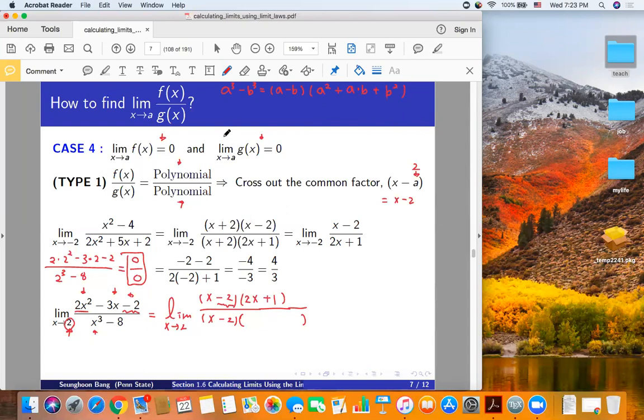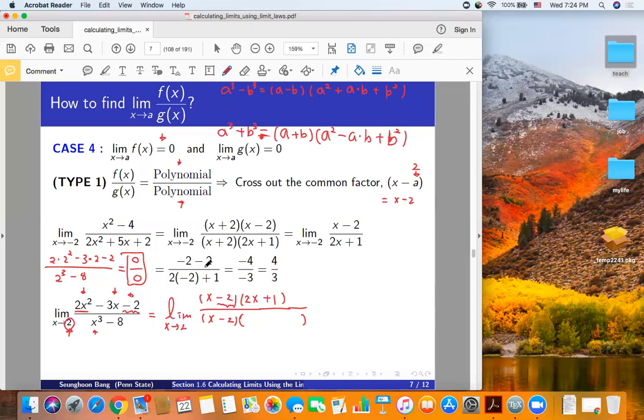The other one is a cubed plus b cubed, which factors as (a plus b) times (a squared minus a times b plus b squared). So these are two formulas you have to memorize. These are two good formulas.